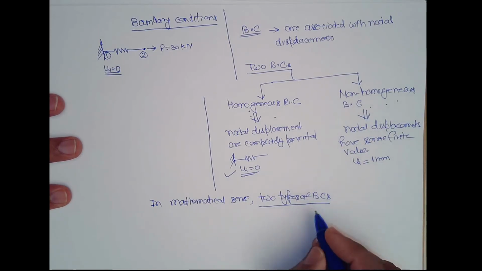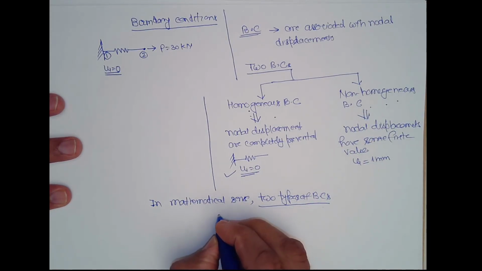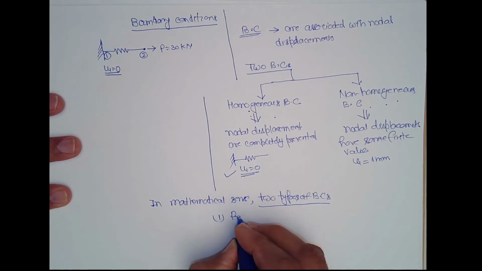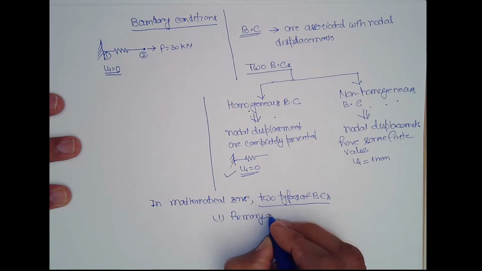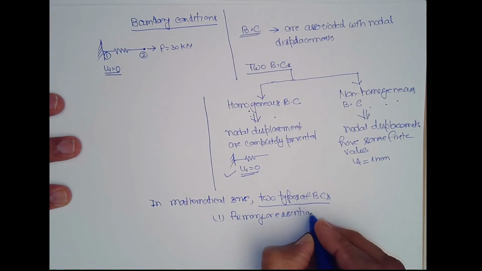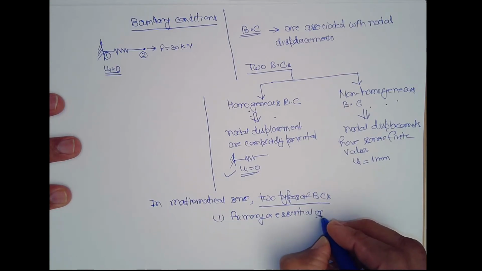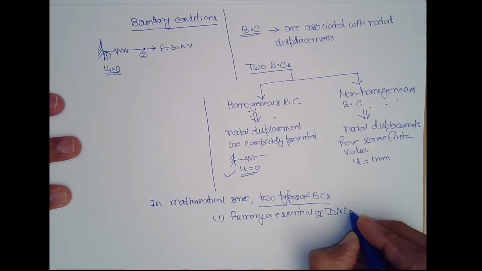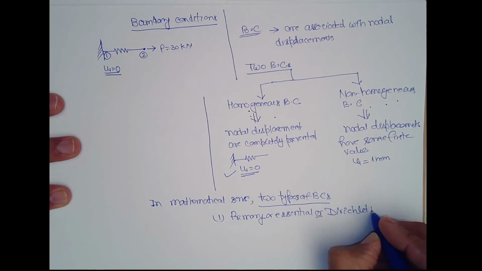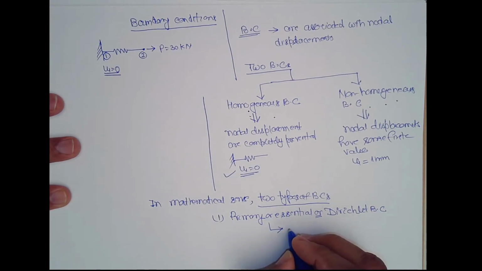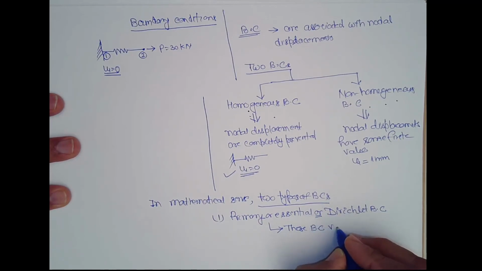Another classification in the mathematical sense is the primary boundary condition, also called essential, or, on the name of a scientist, the Dirichlet boundary condition. This means these boundary condition values, examples are such as nodal displacement.